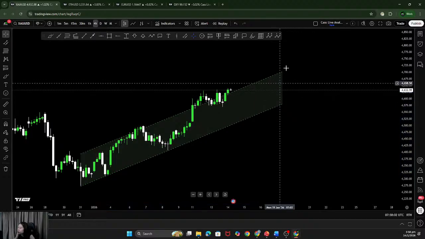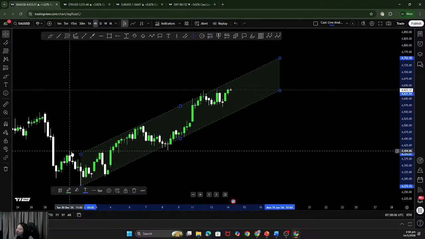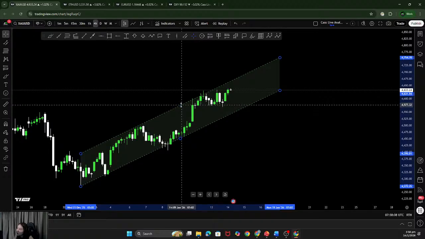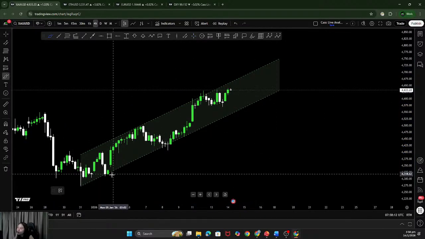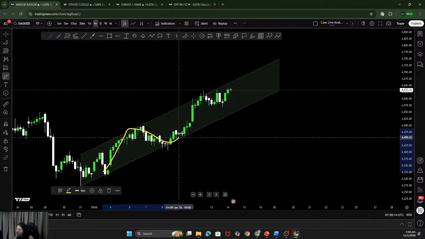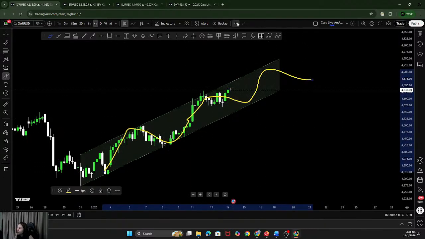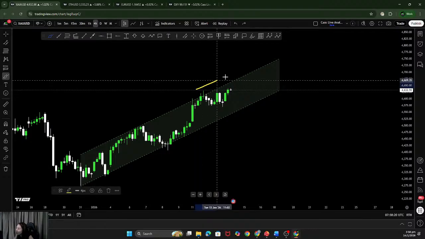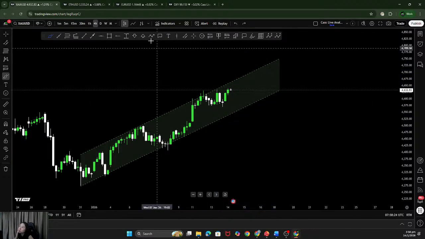Channel will be better because it also helps you mark out the top part, which is the resistance part. Ideally, if price were to continue moving within this channel, it should look something like this, right? It shouldn't go above this, it shouldn't go below this if it's going to respect this channel.